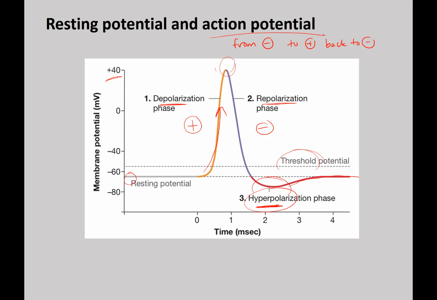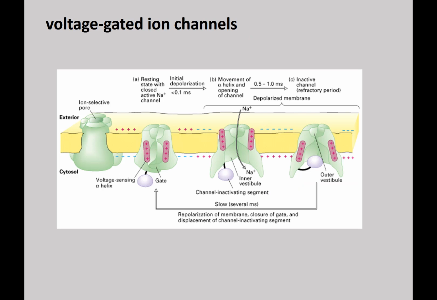We'll talk about threshold potential shortly, but let's talk about the ion channels that control the action potential. These ion channels are called voltage-gated ion channels, which means they open and close based on change in voltage.